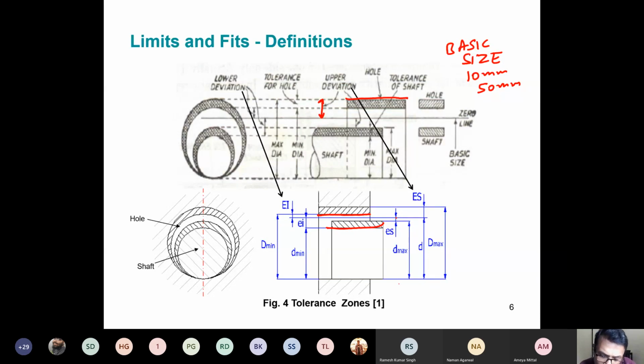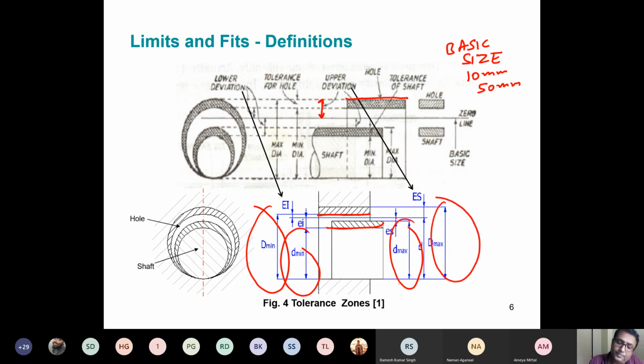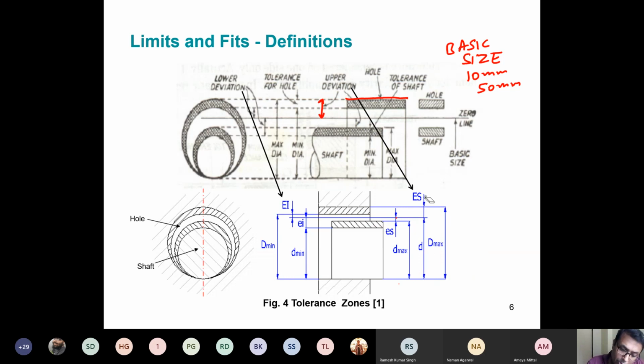So EI corresponds to D min and ES corresponds to D max. You know ES and EI, the zero line, the basic size, and these can lie anywhere. This particular example is for clearance.